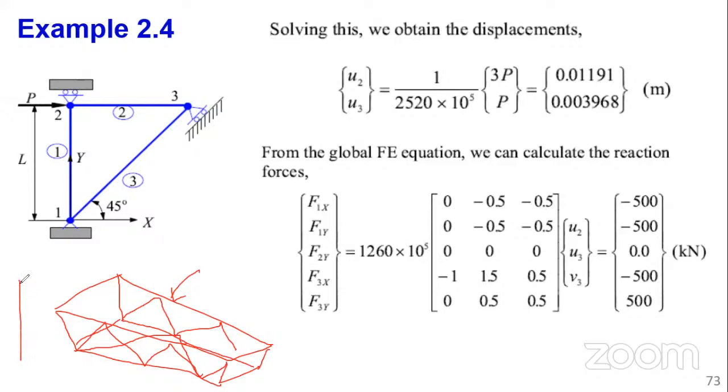Now this one will have the vertical y direction, the horizontal x direction, and of course the depth z direction. So our matrix will be larger.